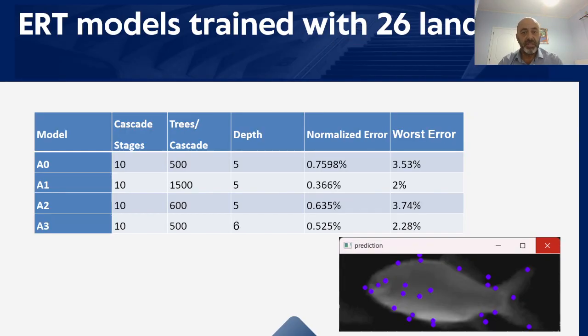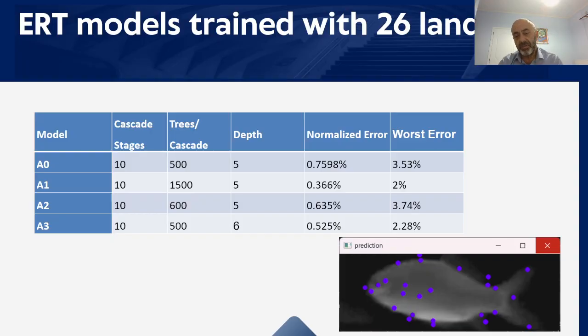The ERT models trained with 26 landmarks are the ones shown in this slide. You see that they differ in the number of cascade stages, or the trees per cascade stage, or the depth of the trees. The best normalized error is achieved by the A1 model, which consists of a large number of trees per cascade stage.